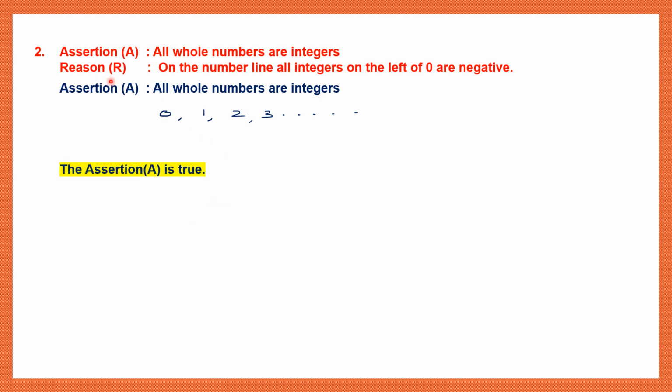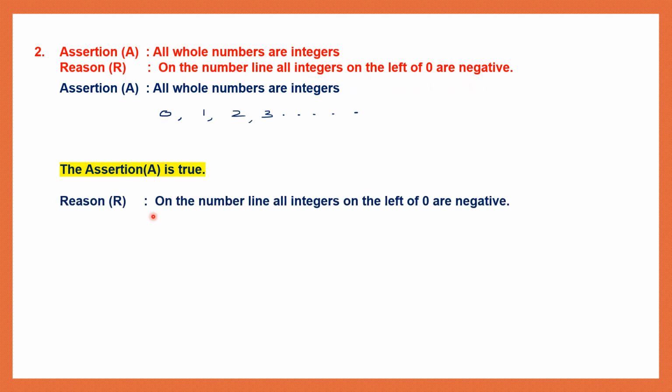Now what does reason R say? Reason R says on the number line all integers on the left of 0 are negative. All of us know what the number line is like, and all the integers to the left of 0 are negative. So that is true. We can say reason R is also true.